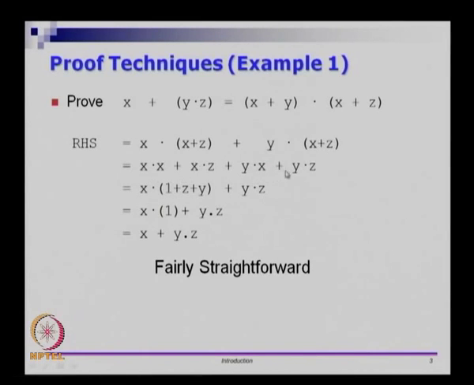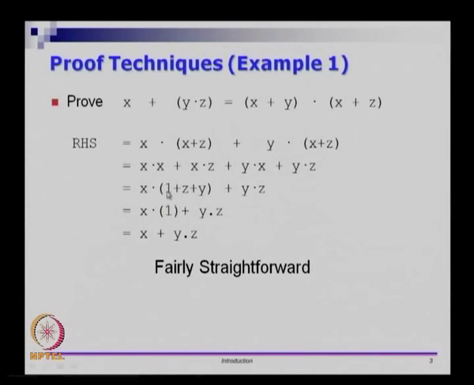So, that gives you 4 terms here, and if you look at these 3 terms here, there is x which is common in all of these. So, you can rewrite it as x and, so this gives you 1, this gives you z, this gives you y. So, 1 or z or y, and you have y and z which we keep as it is.